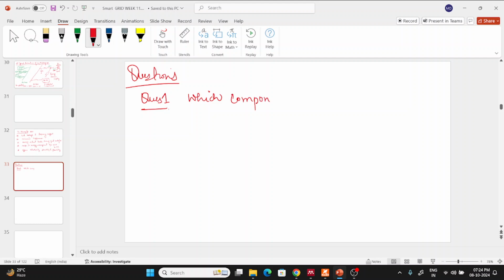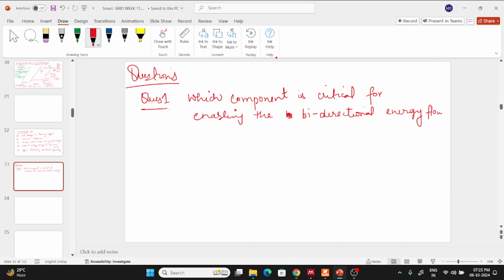Which component is critical for enabling the bi-directional energy flow in a smart grid?